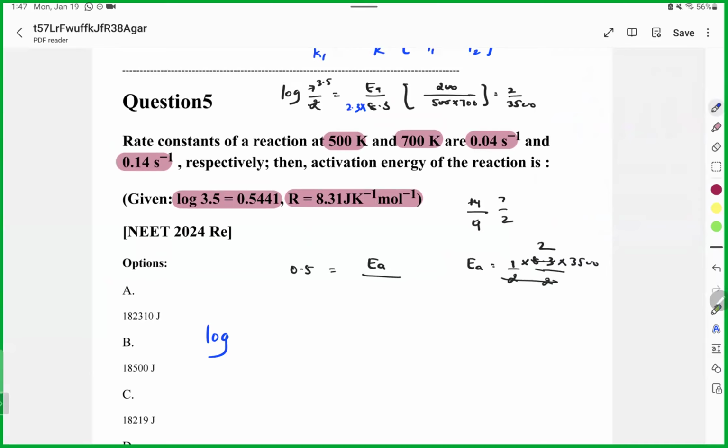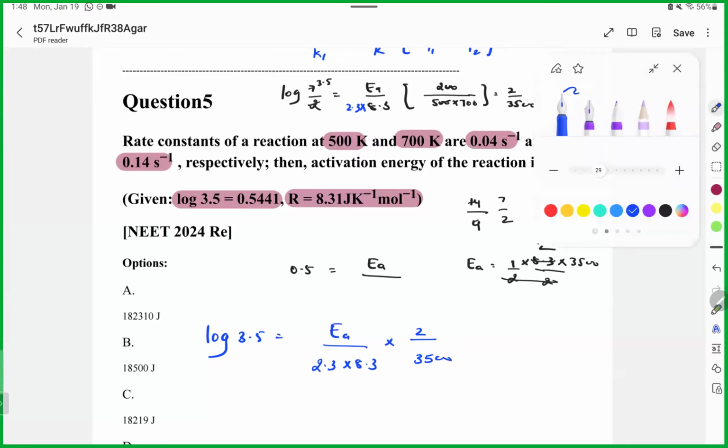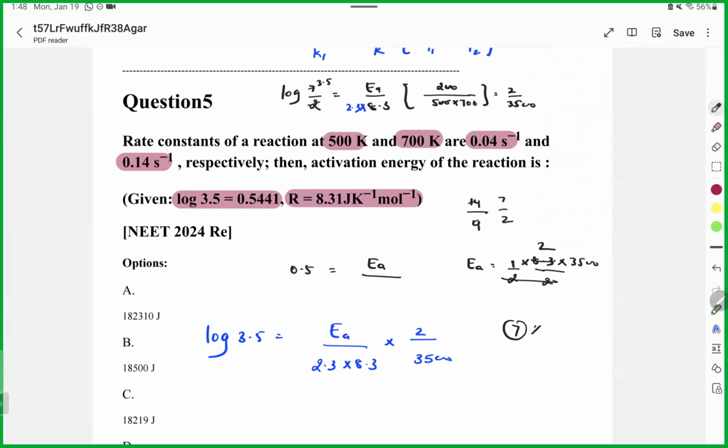Yeah. So this will be log 3.5 EA, 2.3 multiplied by 8.3. 700 minus 500, 200 divided by 500. So it was 2 by 3500. So whatever value you get, around 7000, you will multiply by 2.3. That was your answer, done.